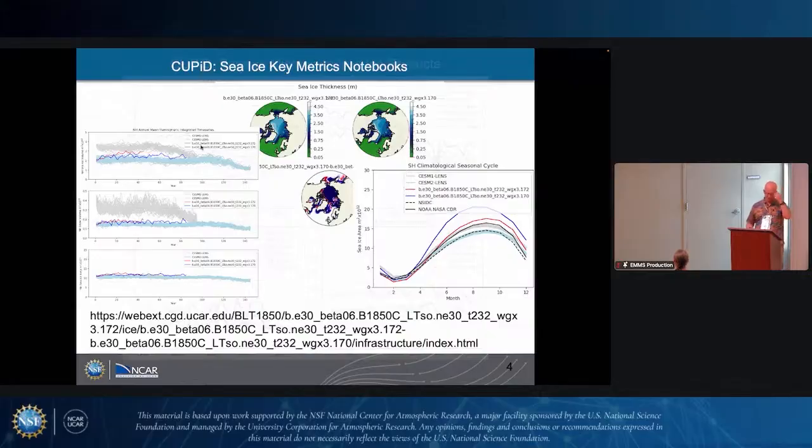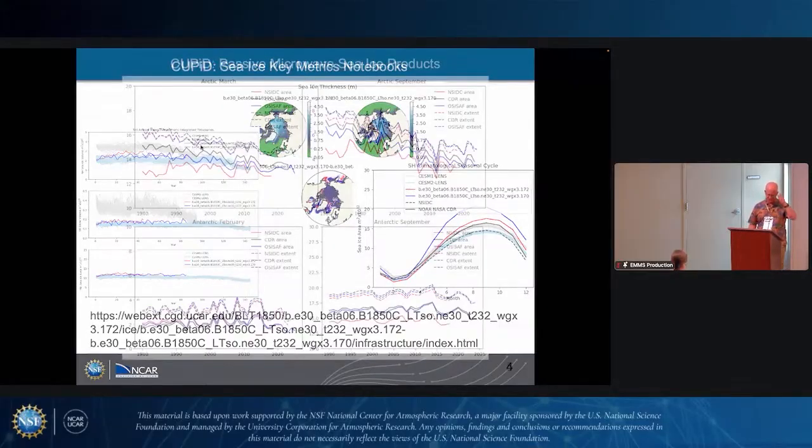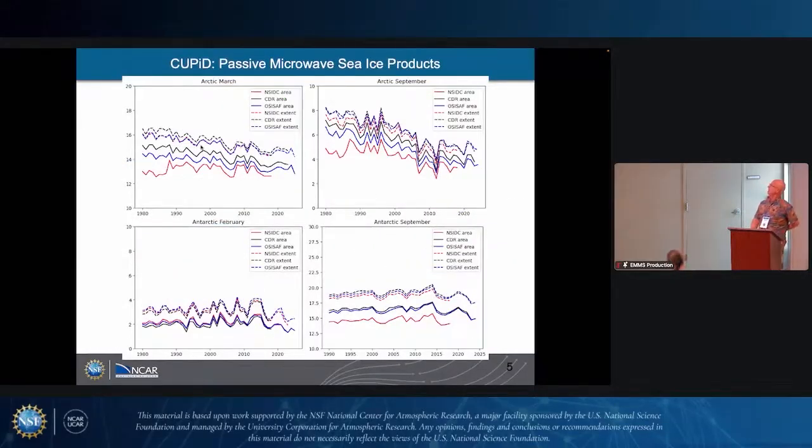And then another thing that's come up, which is kind of a side rabbit hole thing, is that we're looking at the observational products and bringing them into the diagnostic package. And Dave Schneider's in the room here too. So he's done a lot of this previously.